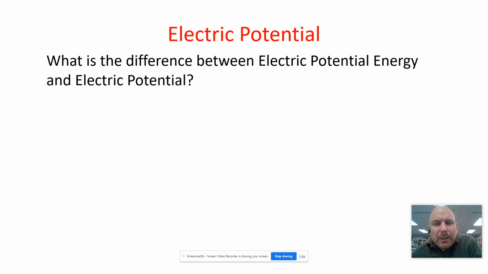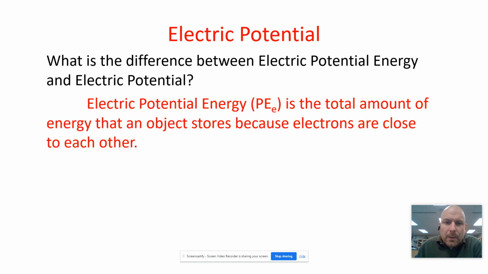What's the difference between electric potential energy and electric potential? They are related, but electric potential energy is the total amount of potential energy that an object has stored because the electrons are close together. We're going to focus on electrons in this class. It's the total amount because they want to get away from each other.